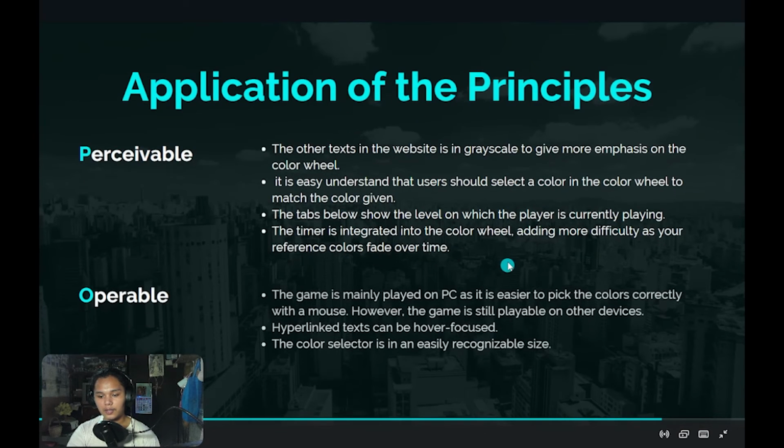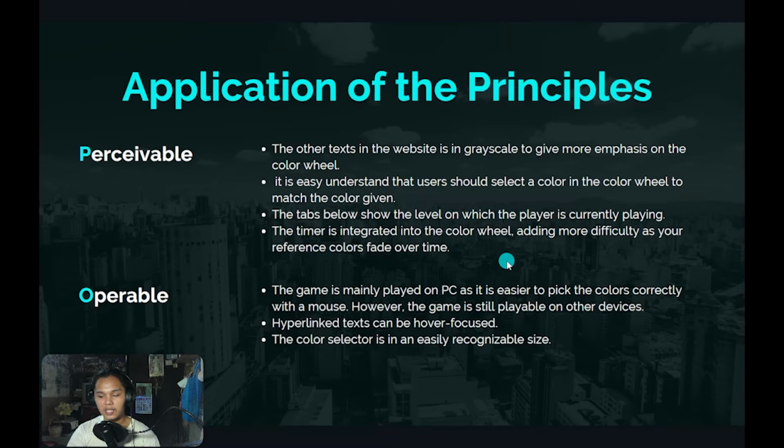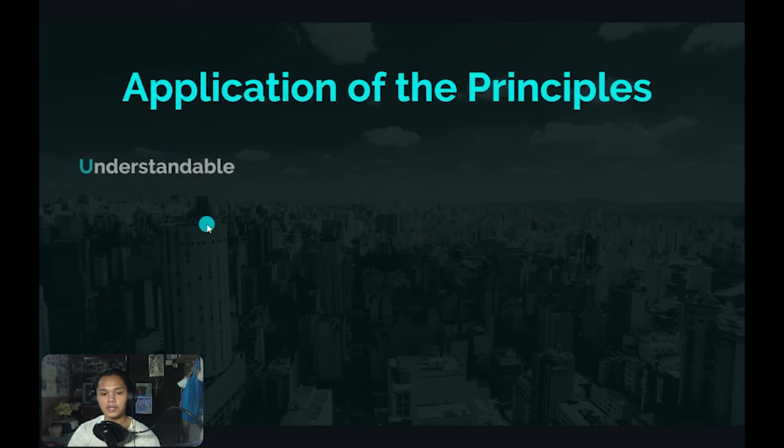And the color selector is in an easily recognizable size. Around the size of this highlight here in Canva, the color wheel selector is almost the same size as this.